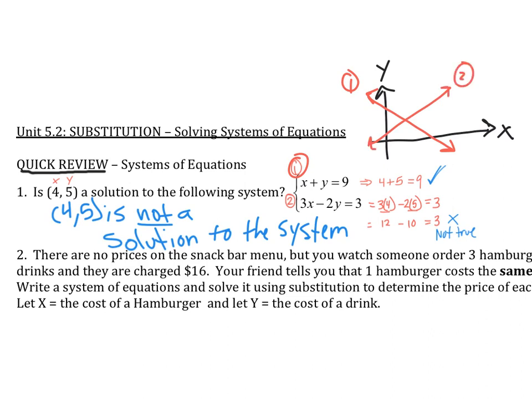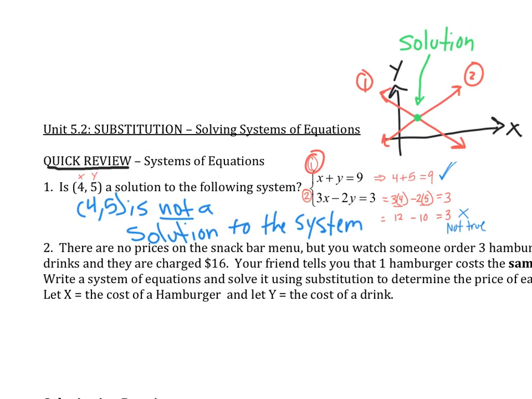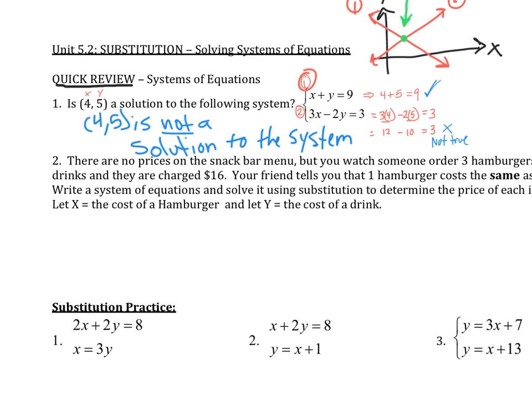The solution is the coordinate point that they intersect at. So that would be the solution. And what this problem is saying is 4, 5 is not that coordinate point where they intersect. So that's how you check to see if a coordinate point is a solution. You take the coordinate point, substitute it into both equations, and see if it is true for both equations.